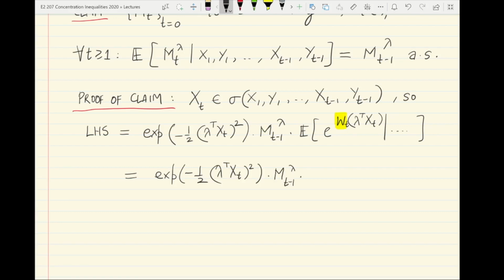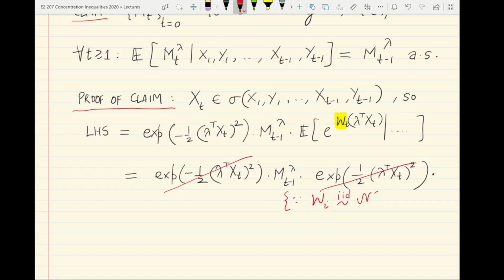The conditional expectation is exactly the moment generating function of w_t evaluated at this inner product lambda transpose x_t. So you directly get that this is the moment generating function of a Gaussian, e raised to half lambda transpose x_t the whole square. Okay, so the first term and the third term cancel, leaving you with what you require. This is because the w_i are assumed to be iid standard normal.